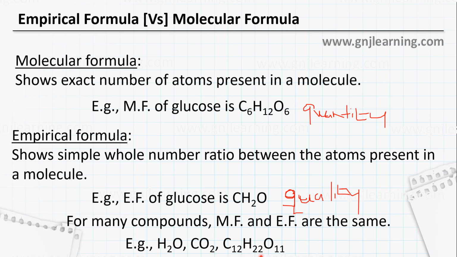And we have here table sugar or sucrose, C12H22O11. Though the number of atoms in the molecule is quite huge, you cannot simplify them. Clear? So there are many molecules whose molecular formula and empirical formula are the same, whereas there are molecules whose empirical formula and molecular formula are different.